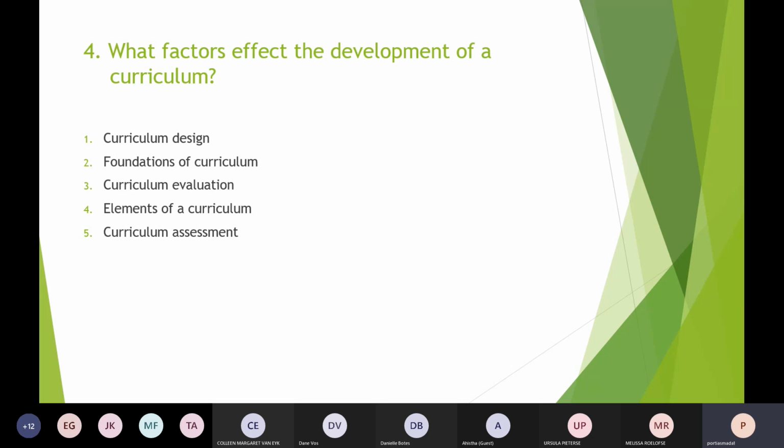The most appropriate answer here is the foundations of the curriculum, because if you don't have the right foundations to start with your curriculum, the development of the curriculum will not flow smoothly through the different stages. All right. Anyone disagree with me? Can we move on, students? Danae, can we move on?